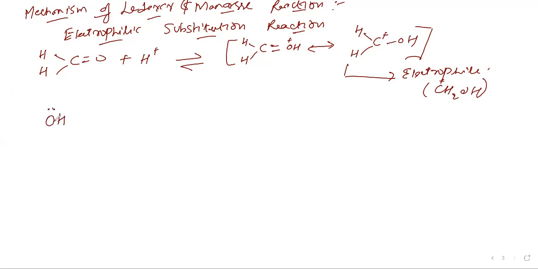If you remember our previous lectures, the OH group of phenol activates the benzene ring at ortho and para positions, right? So this is how an attack will take place.